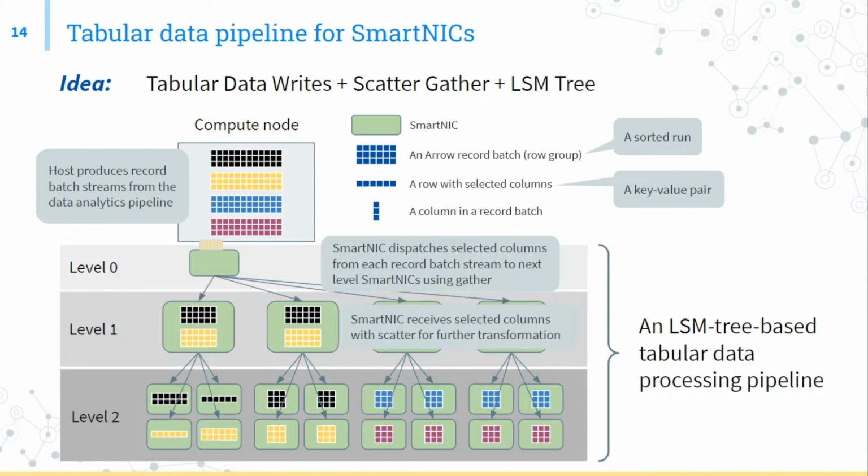On receipt, the next level SmartNICs can use scatter to fetch the received data into contiguous buffers for further processing without requiring memory copying.